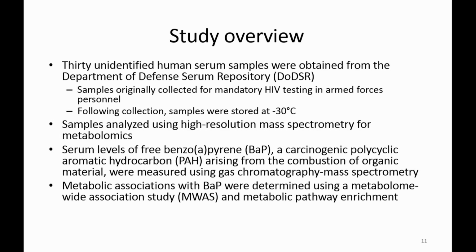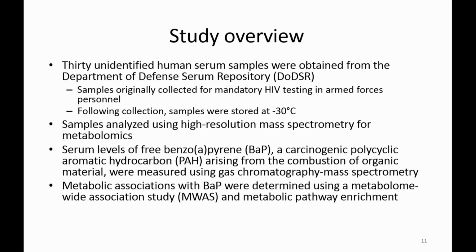Once we got the samples, we analyzed them on our metabolomics platform, and the goal of this specific study was to identify which metabolites and which metabolic pathways are perturbed due to benzopyrene exposure, a carcinogenic PAH arising from the combustion of organic material, found in burn pits.